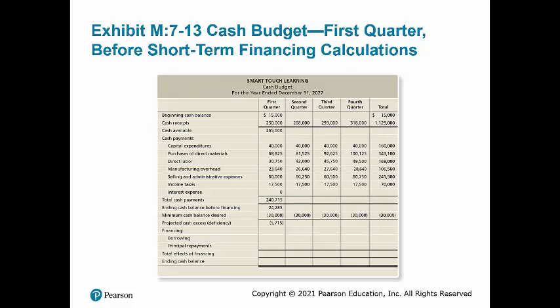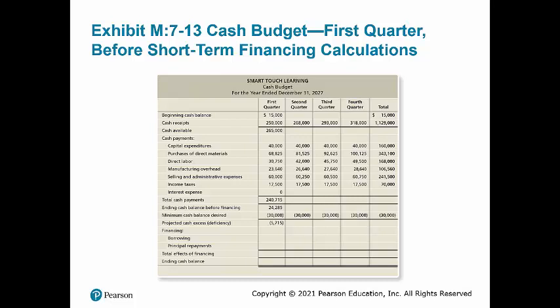Then we see the totals for the cash payments that were calculated in the cash payment schedule. The total cash payments that we project for the first quarter is $240,715. When we subtract that from the total cash available of $265,000, we get what we project to be the ending cash balance before financing of $24,284.